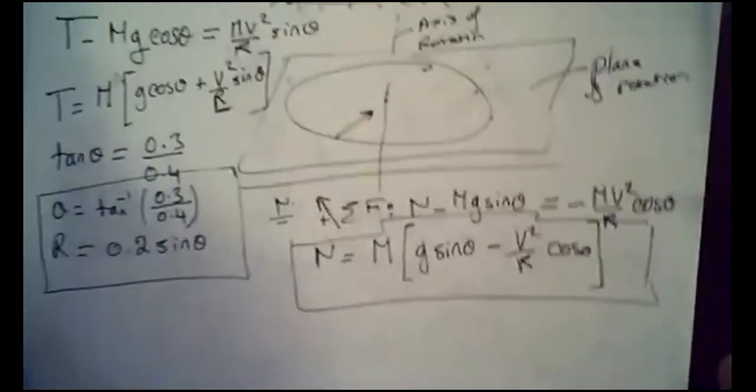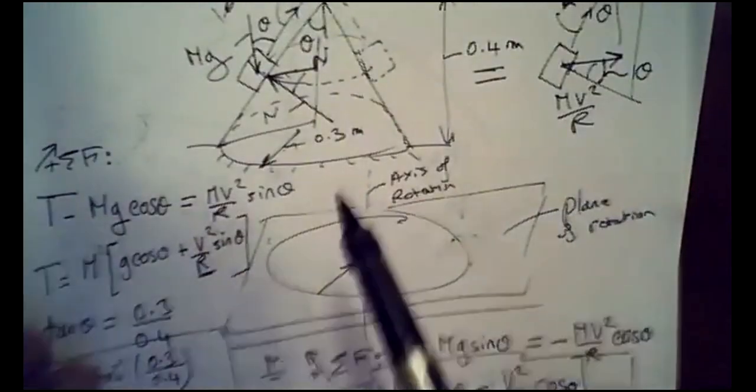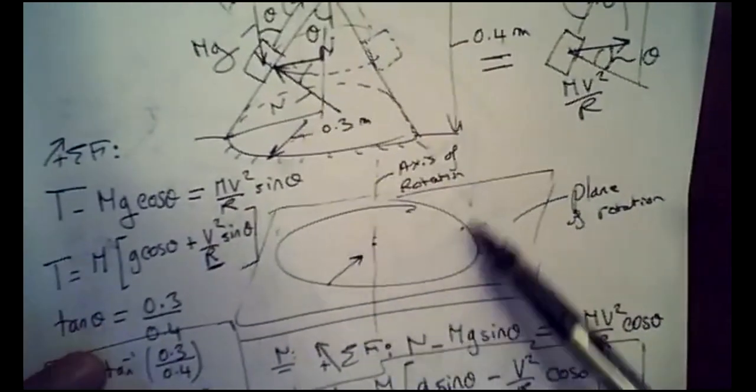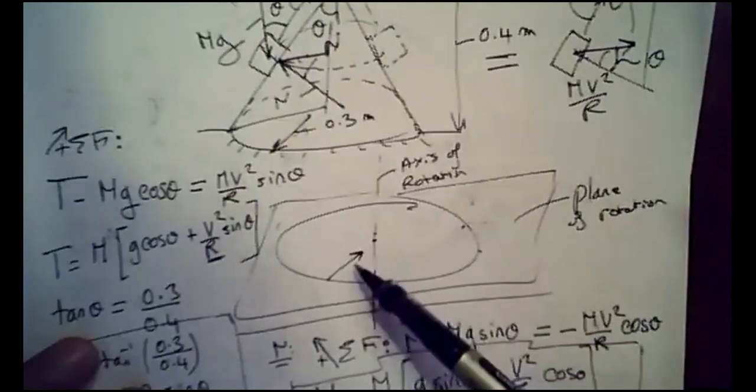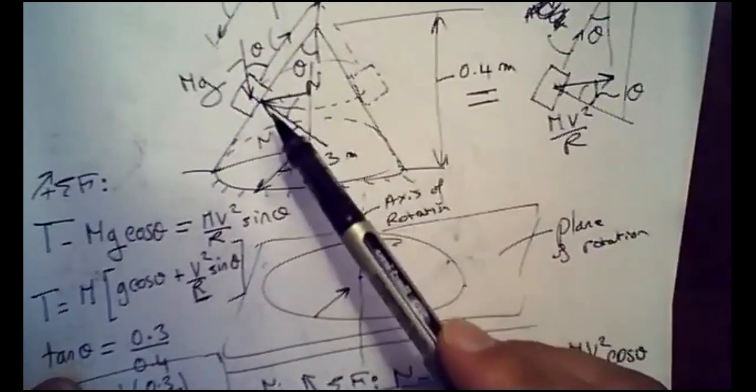Doctor, please, the video stopped. There was an internet connection problem. Can you repeat how you get R in the last question, please? Oh yeah, absolutely. So R here is the radius of the circle, right? This guy is rotating, so first of all you have to identify the plane of rotation.